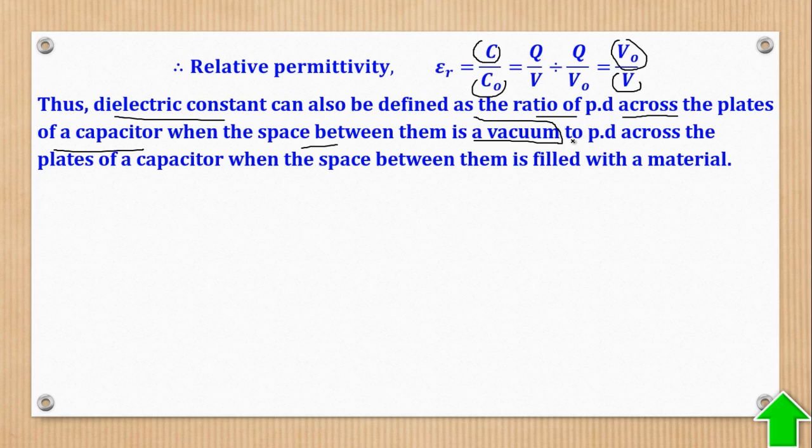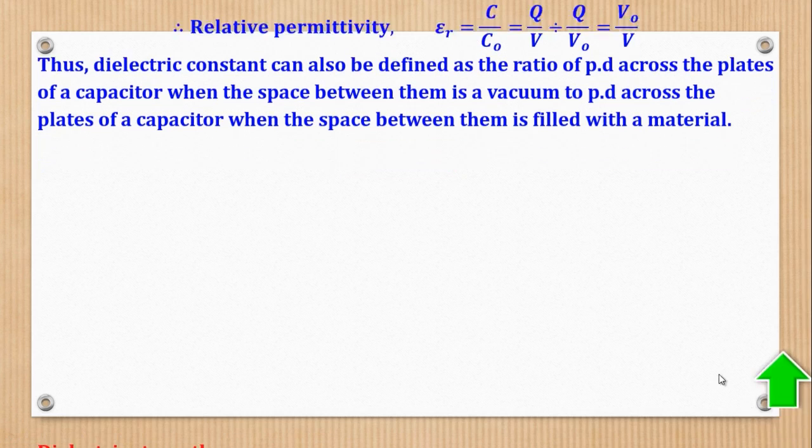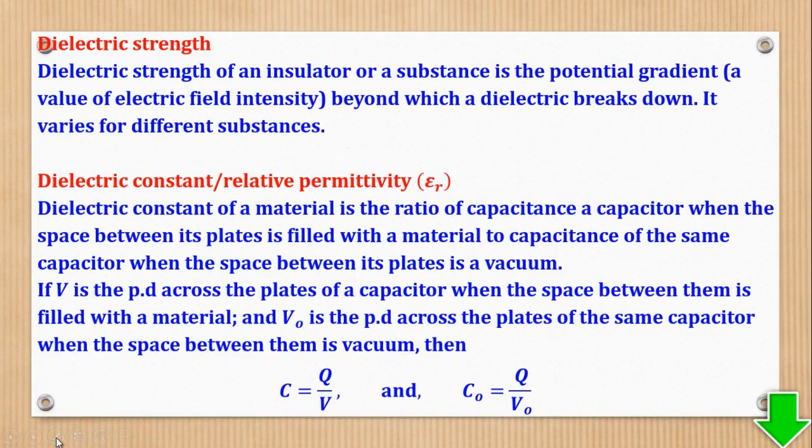So you continue and say to the PD across the plates of a capacitor when the space between them is filled with a material. That is when you're defining in terms of PD. But if you're defining in terms of capacitance, you should remember to first talk about the material, followed by a vacuum. So the order is very vital.